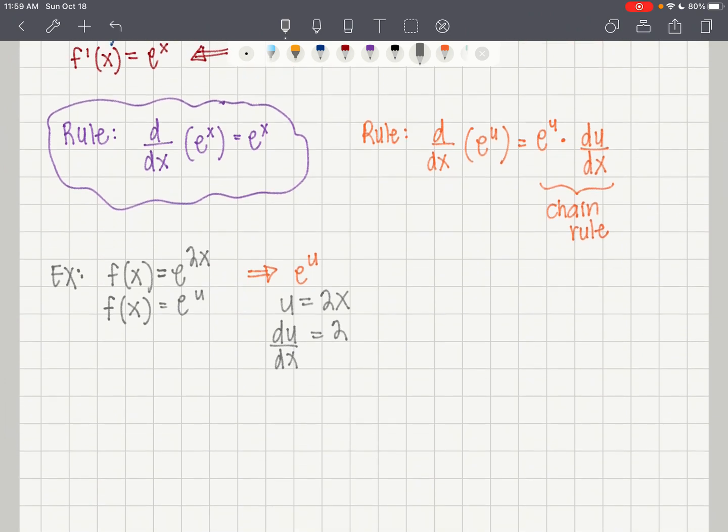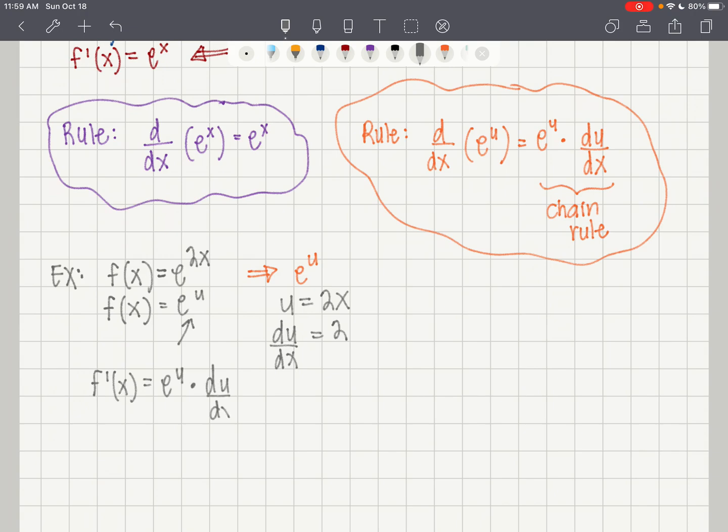So using our rule here in orange, the derivative of e to the u, f prime of x, is going to equal e to the u times du dx. And e to the u is e to the u, and du dx is 2. And then our last step is to substitute back in.